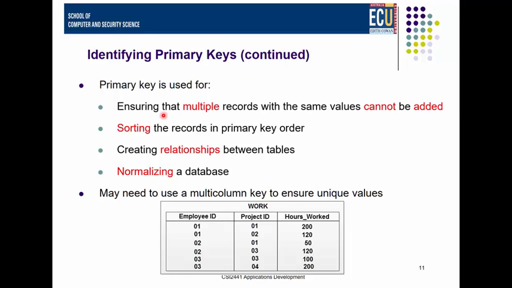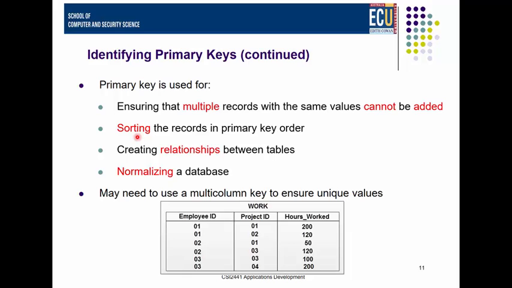So when we are adding information, primary keys help us to ensure the database is consistent. There is no redundancy in a table. For example, student ID. We cannot add duplicate IDs. The student record would be unique. They also help in sorting.